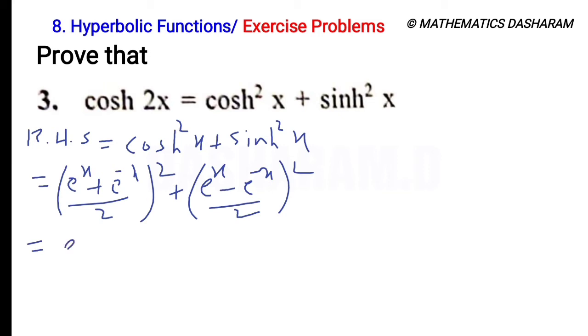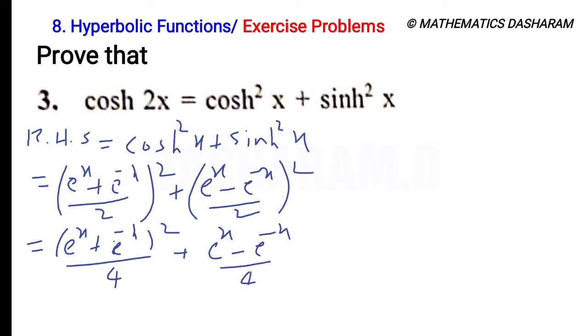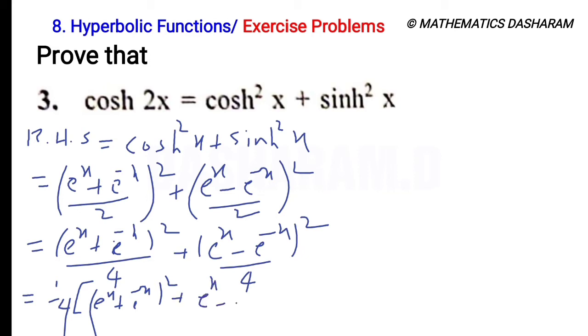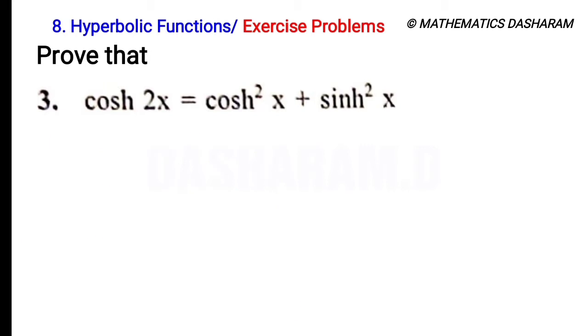So now (eˣ + e⁻ˣ) whole square divided by 4, next (eˣ − e⁻ˣ) by 4, and here square for the numerator. So take the 1/4 common from both. So then (eˣ + e⁻ˣ) whole square plus (eˣ − e⁻ˣ) whole square.